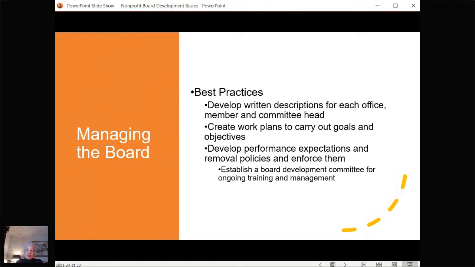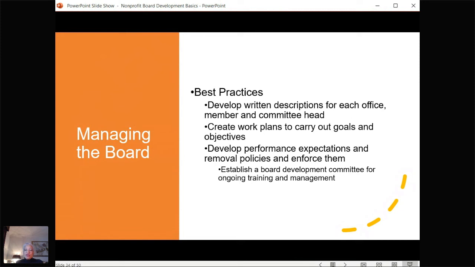You want to develop performance expectations as well as removal policies. And those removal policies should be in your bylaws, and you should probably have a more detailed policy to establish what constitutes cause for removing people, and make sure you enforce those rules.